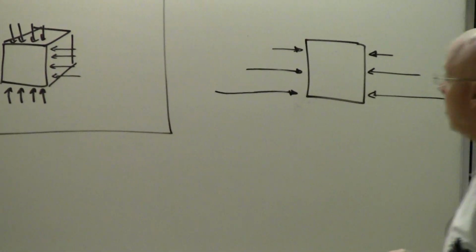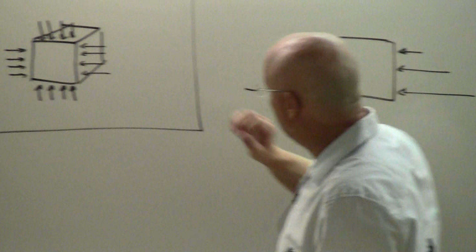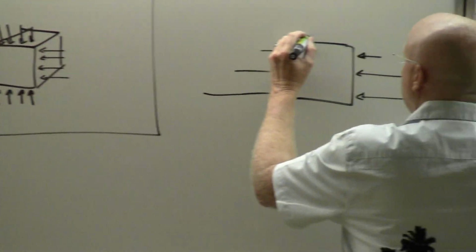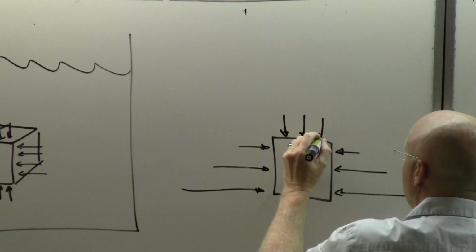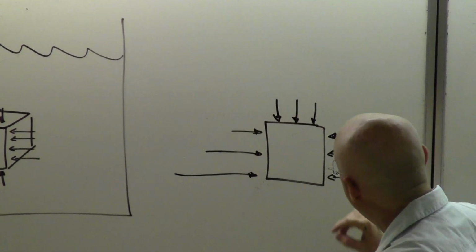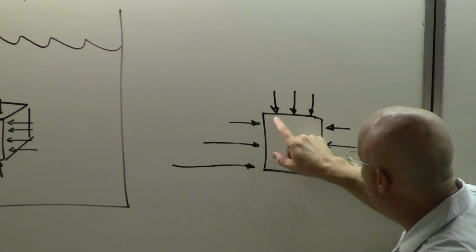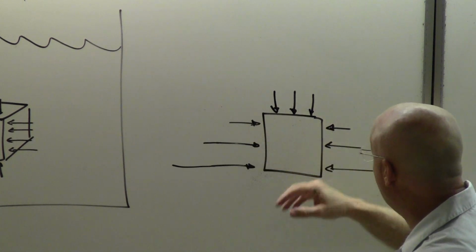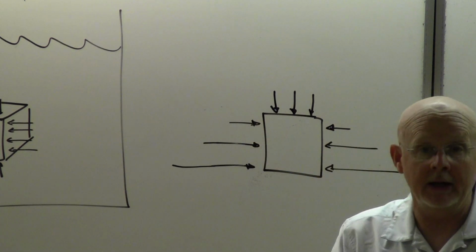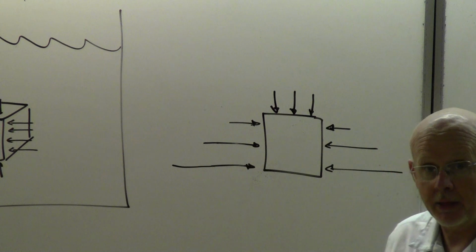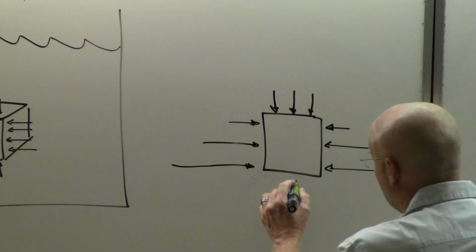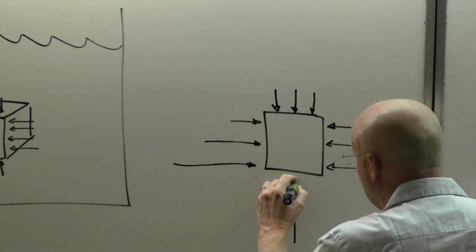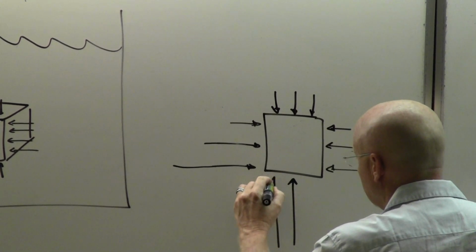Okay, so the molecules on the top would be pushing down. And they're all at the same depth, so I'll represent that with 3 arrowheads pushing down on it, all the same length. And under the box, I would have molecules pushing up on the box.